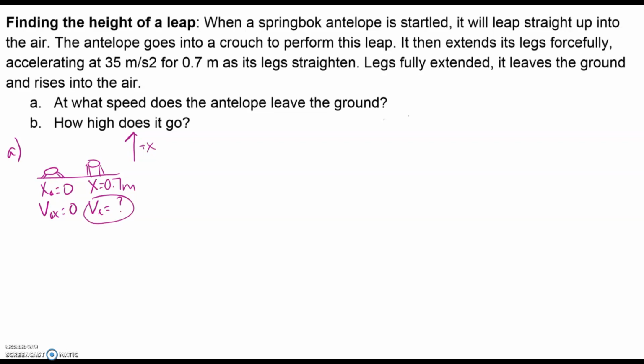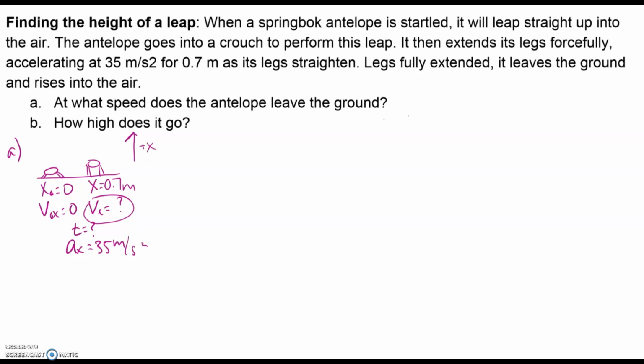And let's see, any other information we know? We don't know the time. So the time it takes to do this is unknown, but we do know the acceleration at which it moves its legs, and that's 35 meters per second squared. And that's going to be positive because it goes from not moving to moving upward, which is my positive direction.